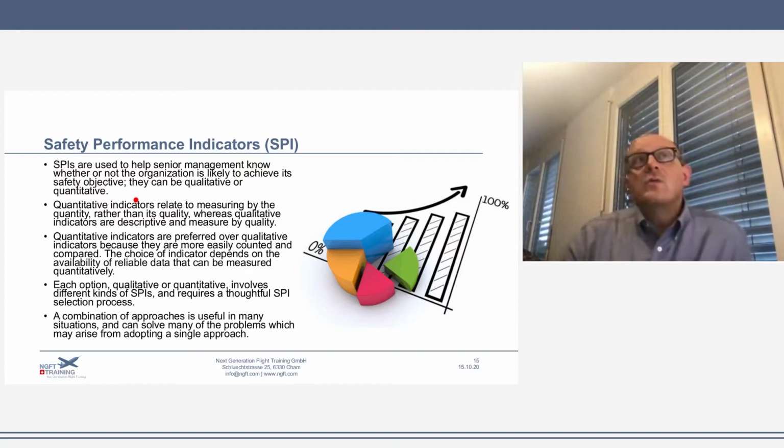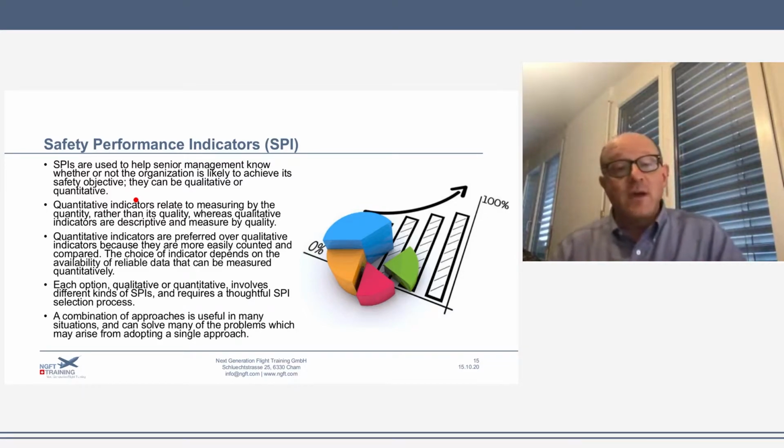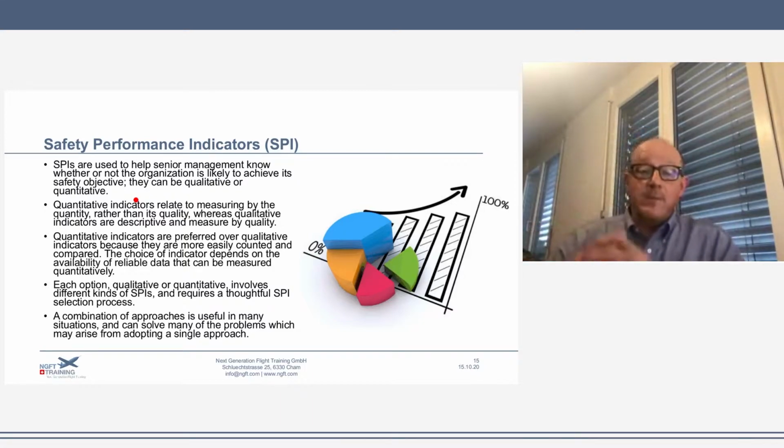Typically, we can say that we prefer quantitative over qualitative. Quantitative indicators are related to numbers, so we are able to collect them, and also to collect them in big numbers. The more measurements we have, the better, because that will give us more information that we can then process.